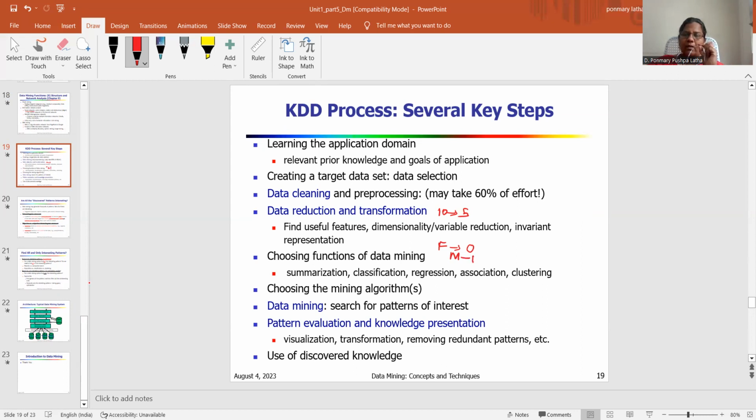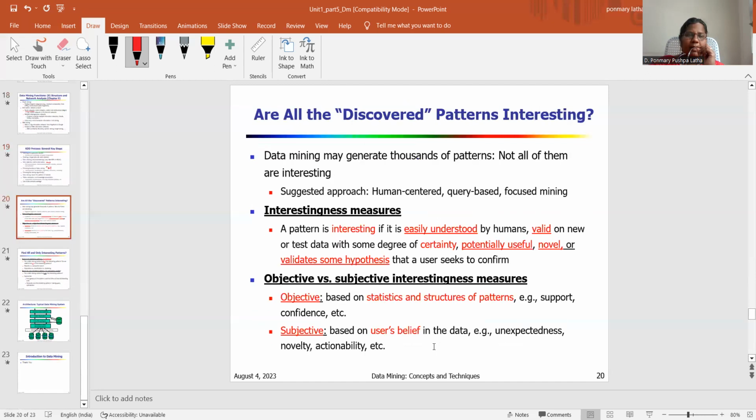In order to have efficient data mining operations, we have patterns of interest, and you have to evaluate the pattern. Many patterns will come, and many algorithms will say this is the pattern. But even then we have to evaluate the pattern.